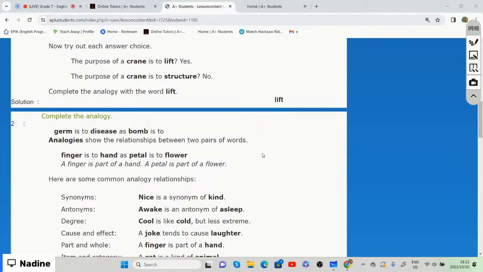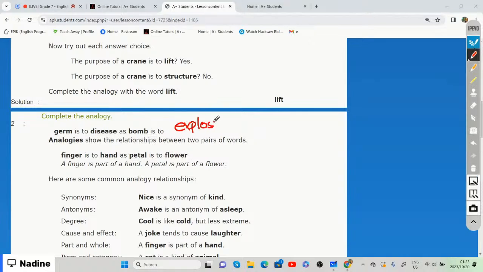So basically a bomb we can use as a form of explosion, right? So with a bomb, there can be an explosion.